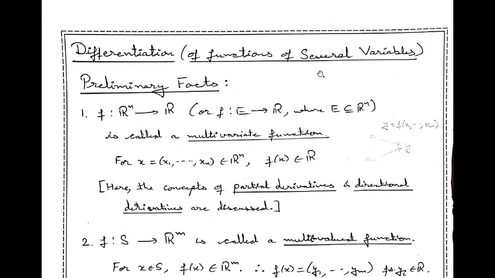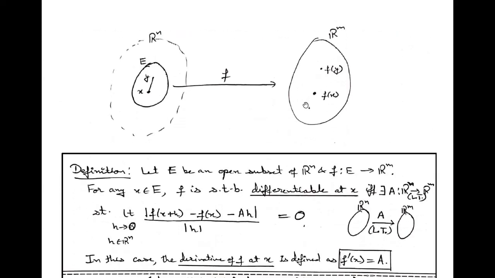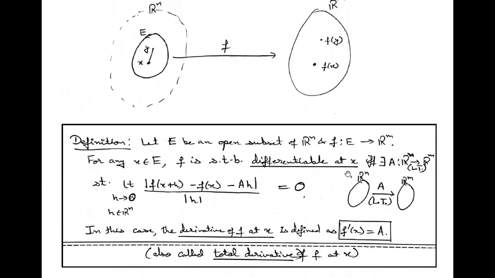One more result in this topic is that if the function f is differentiable at x, this derivative, which we are saying is a linear transformation A, is unique. That means f dash x cannot be two linear transformations, A and also B. So if the derivative exists, it will be a unique linear transformation.